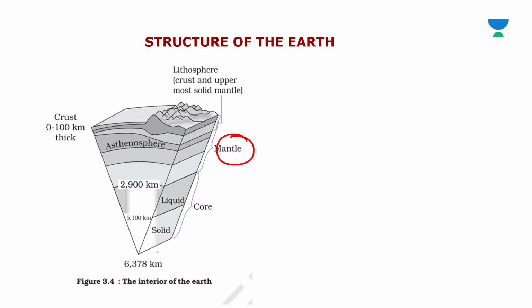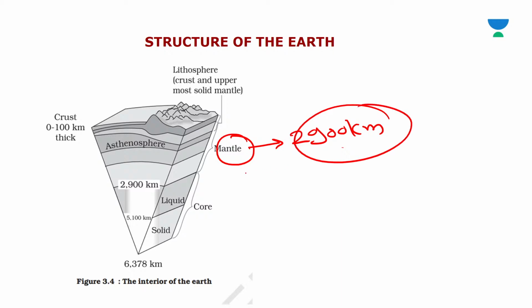So, friends, the portion of the interior beyond the crust is called mantle. The mantle extends from Moho's discontinuity to a depth of 2,900 kilometers.